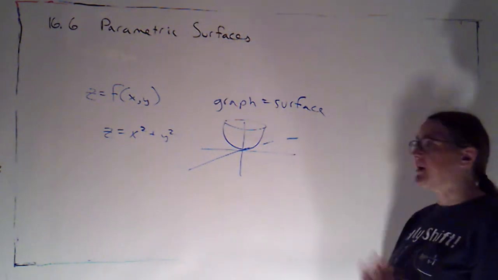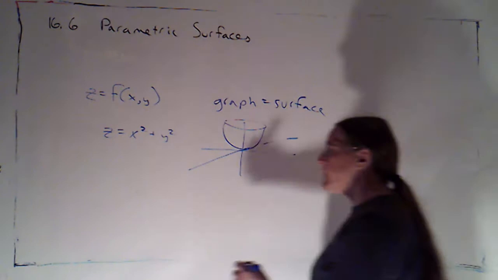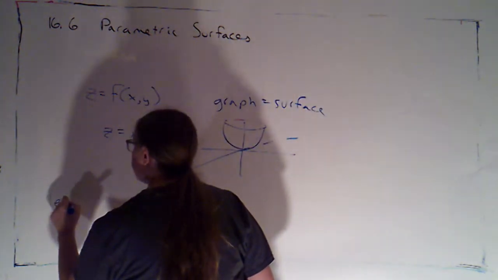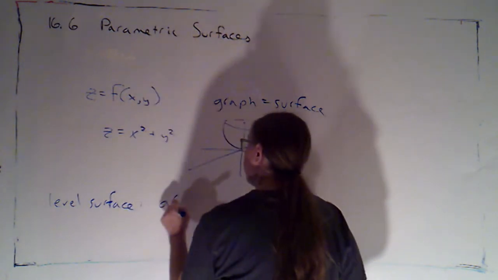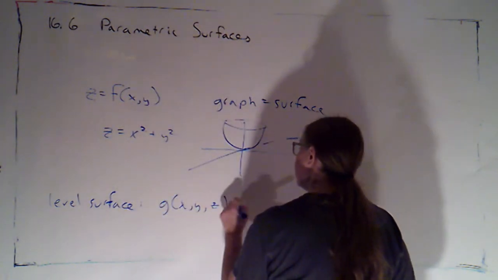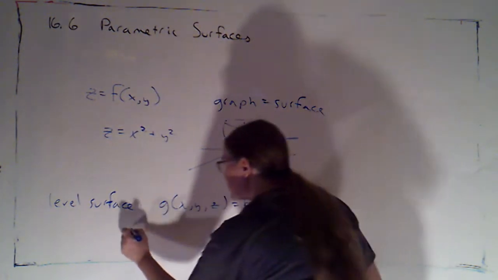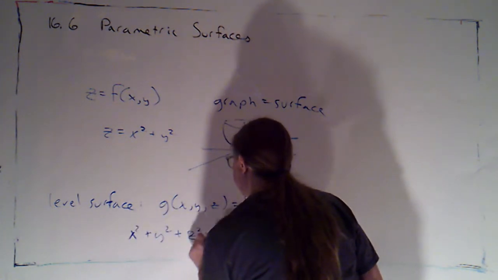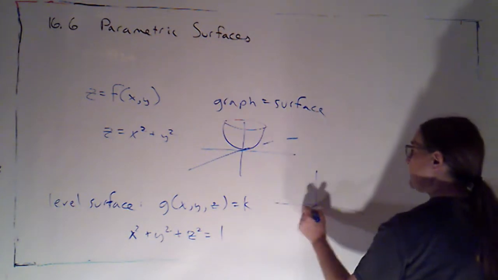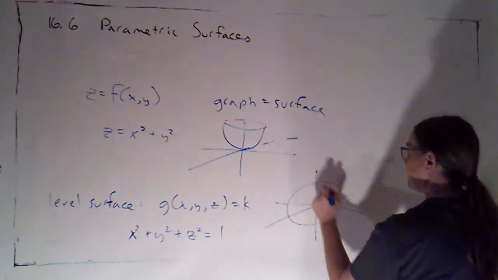It's a two-dimensional object. Now we've also seen things like a level surface of a function of three variables. So I could have g of x, y, z equals some constant. Great example here is just x squared plus y squared plus z squared equals 1. I recognize that's the unit sphere.